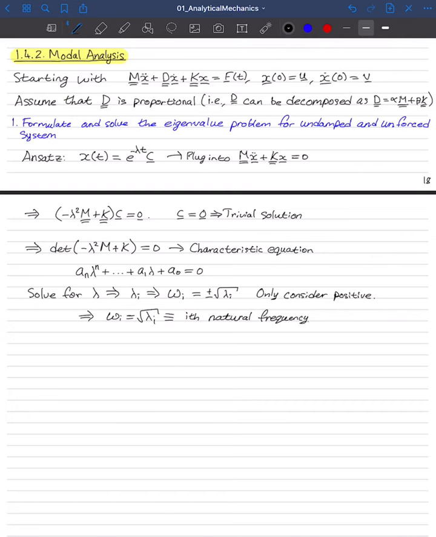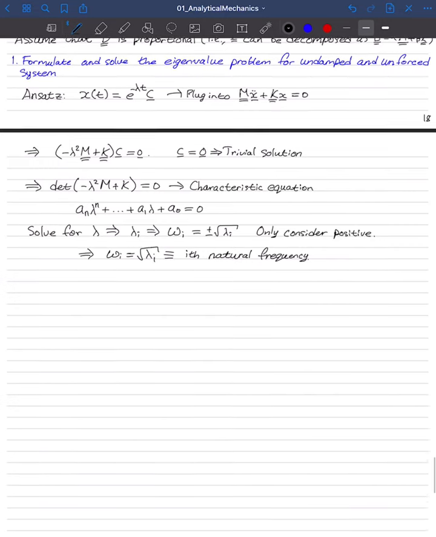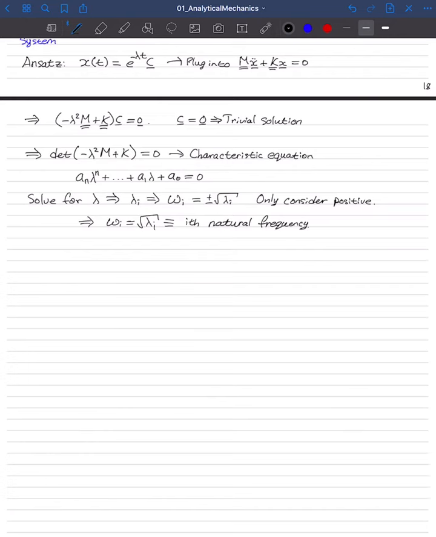Okay, now that we've found our eigenvalues, or lambdas, the next task is to determine the eigenvectors. So we can say, next, determine eigenvectors. So we want to find the c_i's.